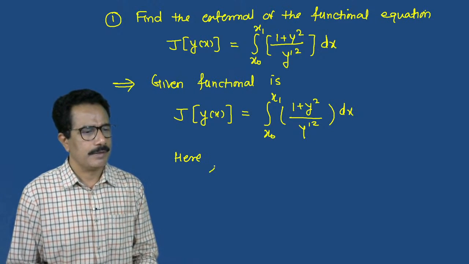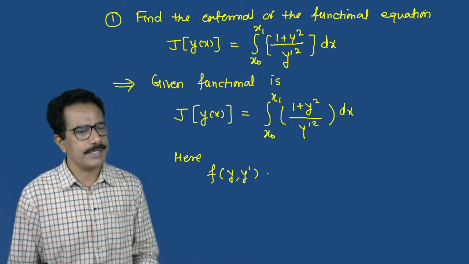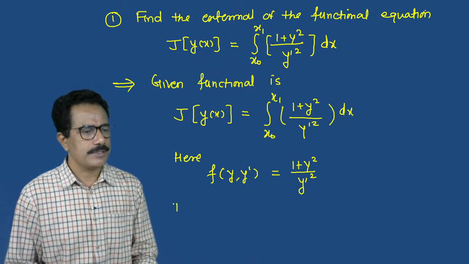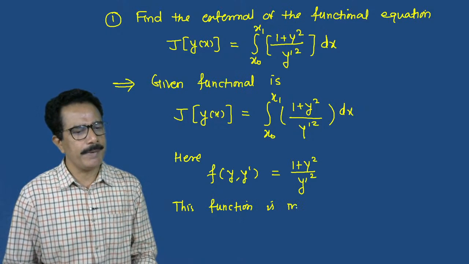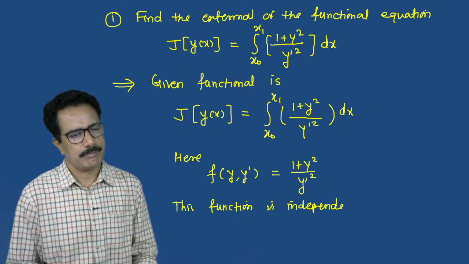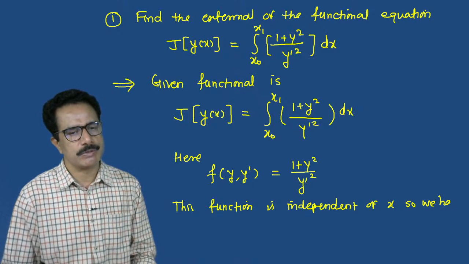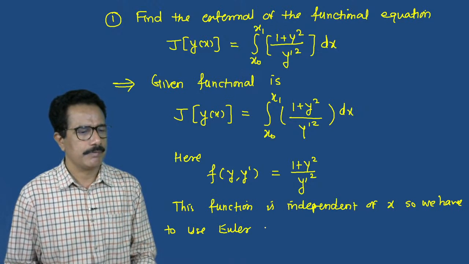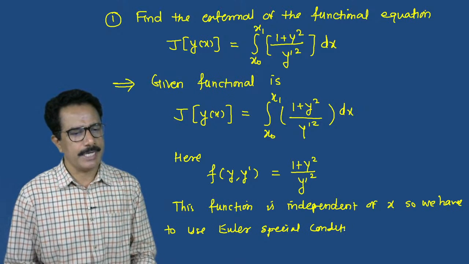Here f of y comma y dash, which is equals to 1 plus y square divided by y dash square. This function is independent of x, so we have to use Euler special condition second.